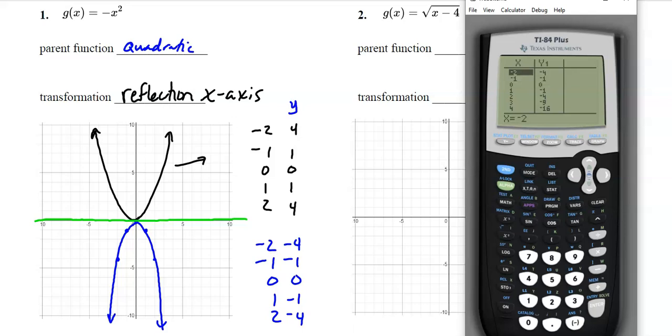So you had these y's, now we have negative y. That's also a tip-off that if the x's stay the same and the y's just change to the opposite value, then there's a reflection going on there.